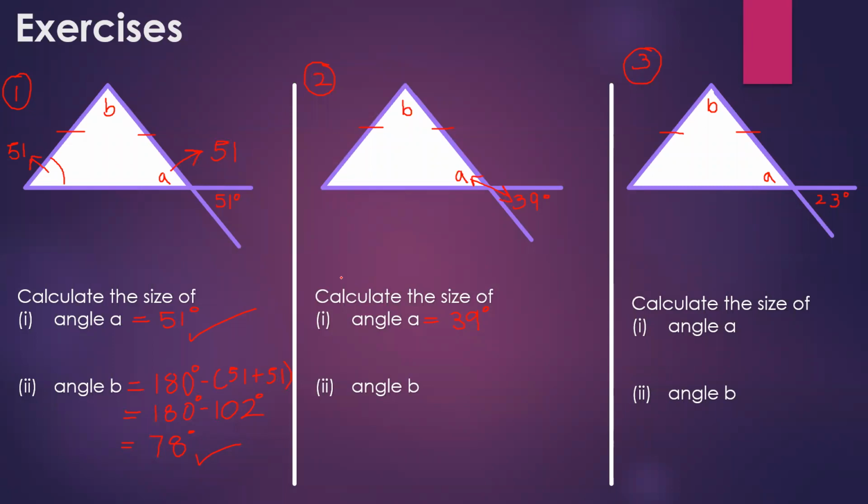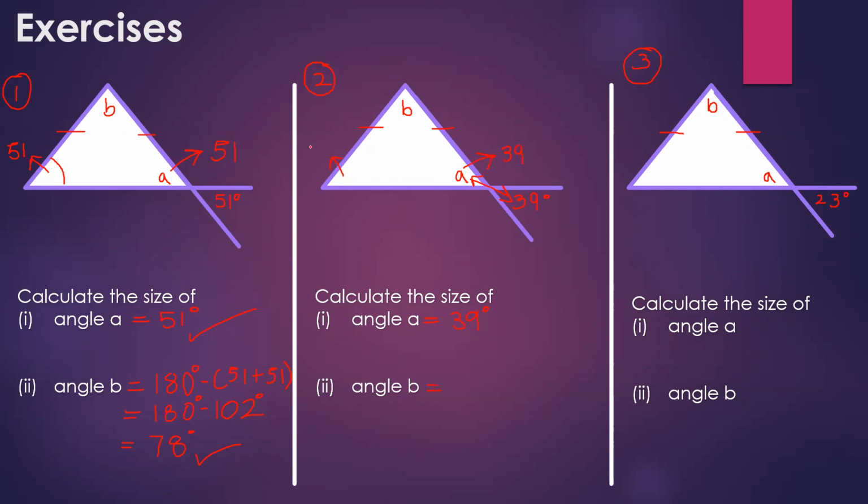Okay. Then we have B. What else for B? Alexandria. You have to find what C is first. Because that's opposite to A. We know A is already what? 39. Very good. A is 39 degrees. And what do we know about this one?